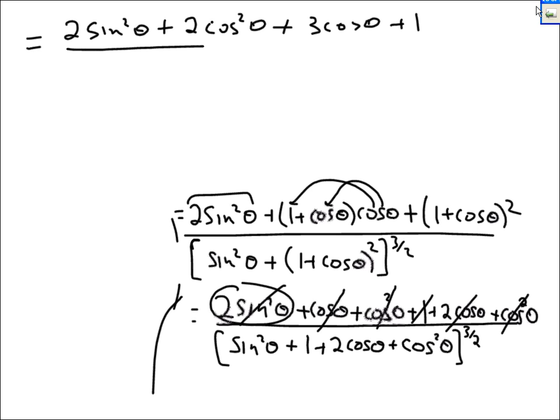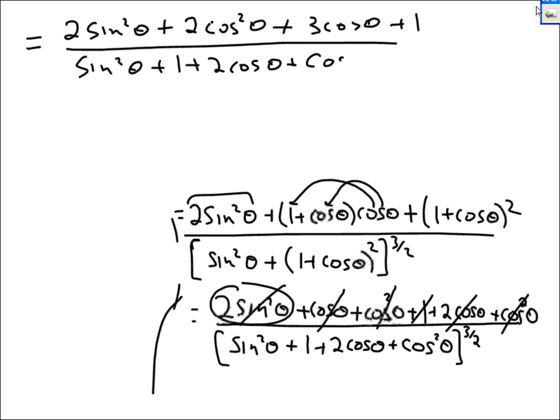And this all gets divided by the bottom. Okay, I'm just going to leave it that way for right now. Sine squared theta plus 1 plus 2 cosine theta plus cosine squared theta, all to the 3/2 power.